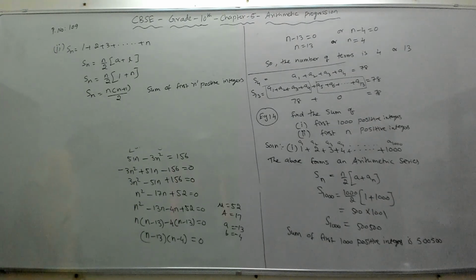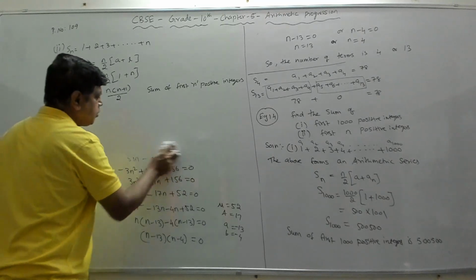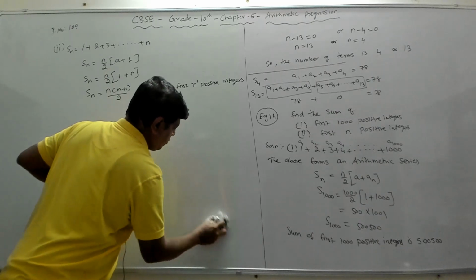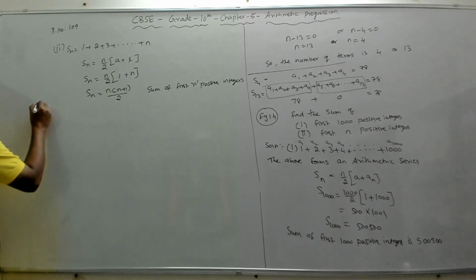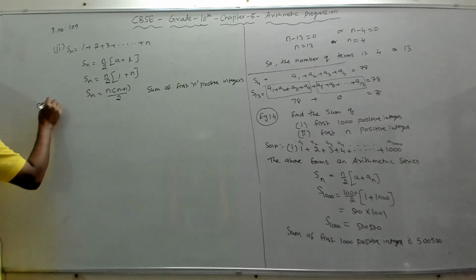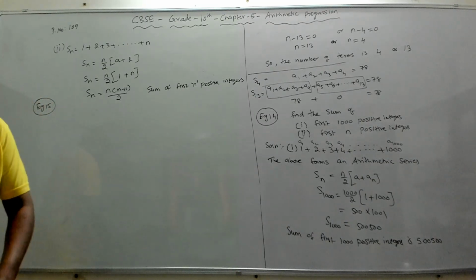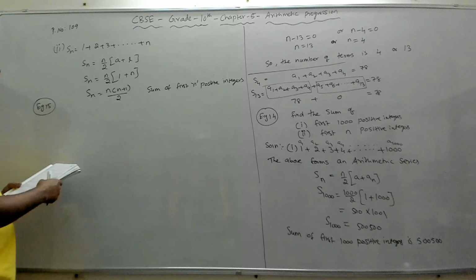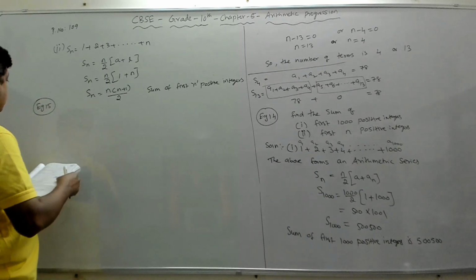I will go to the next one, which is problem number 15, example 15. What we have is, find the sum of the first 24 terms of the list of numbers whose nth term is given by 3 plus 2n.